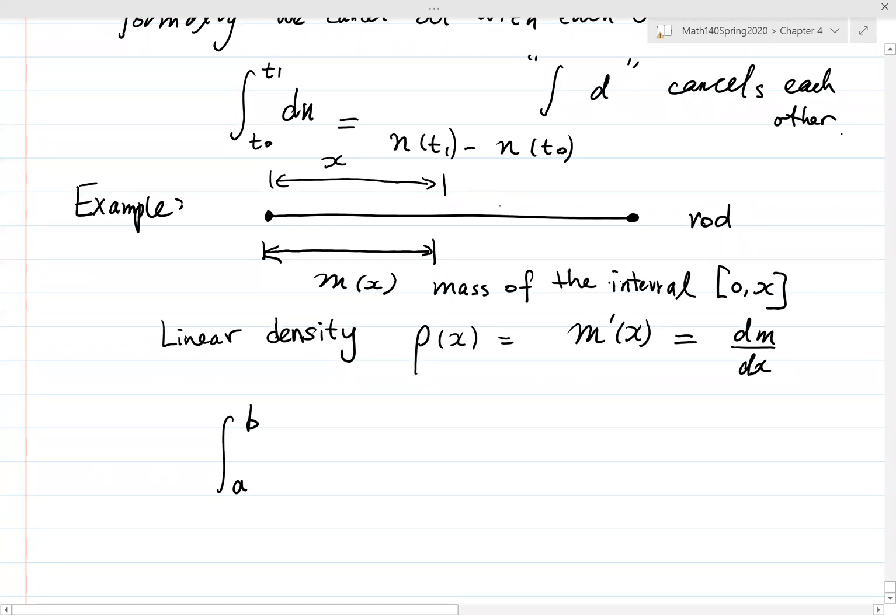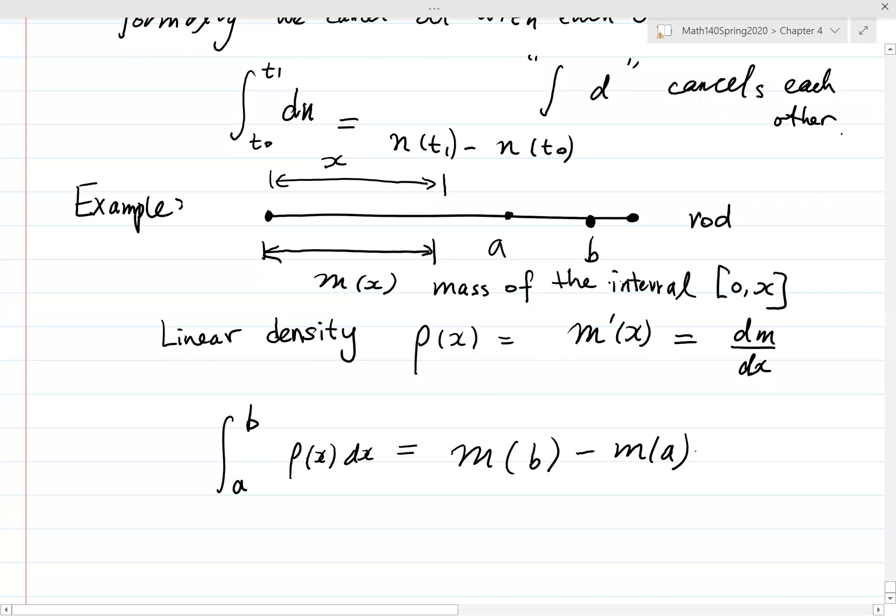For instance, this is a, this is b. Then the mass is, we integrate the linear density rho(x). What we get is m, so its antiderivative is m. So what you get is m(b) minus m(a).